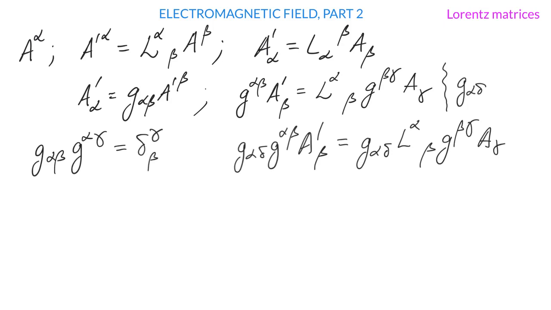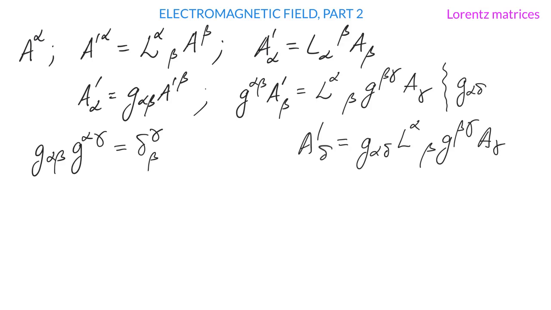Now look at the left-hand side. Because of this relation here, the product of these two G's, contracted by index alpha, is just a Kronecker delta with symbols delta and beta. So I can remove these G's from here and replace beta by delta.